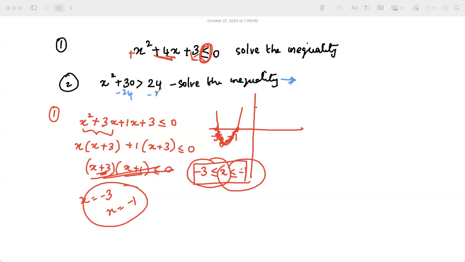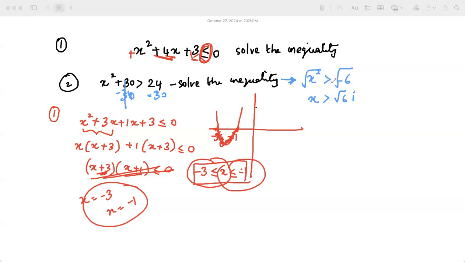Subtract 30 on both sides. What happens? This goes out. x squared is greater than -6. Take square root on both sides. x is greater than √6i.